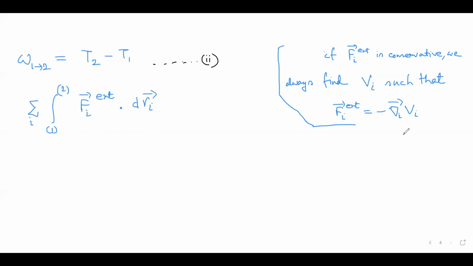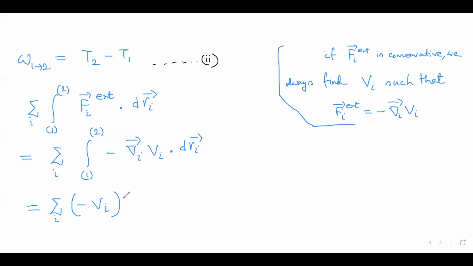Then it's already discussed in the first class. So this term will be the sum over i, integration from point 1 to 2, minus divergence of Vi dot dri, which is basically the sum over all i of minus Vi from point 1 to point 2, which is equal to minus the sum over i of Vi from point 1 to point 2.